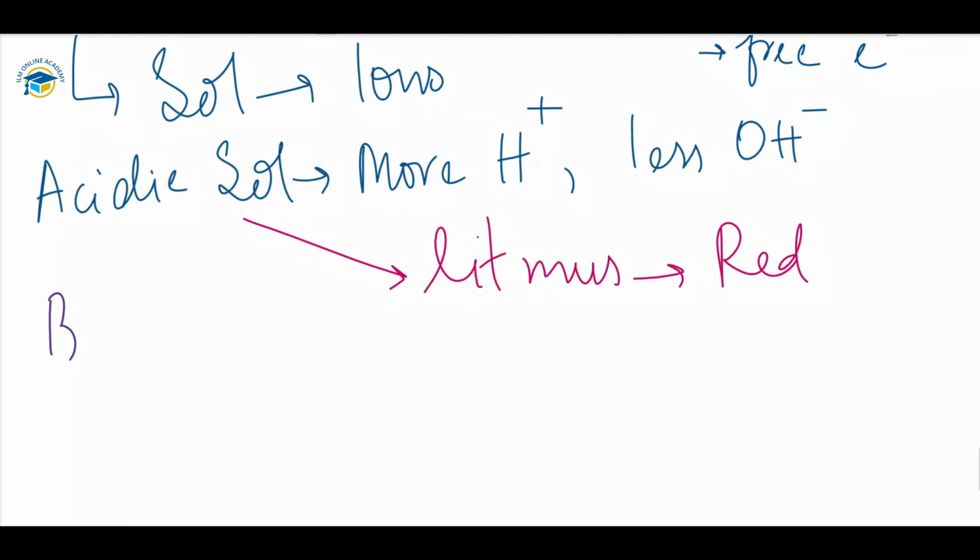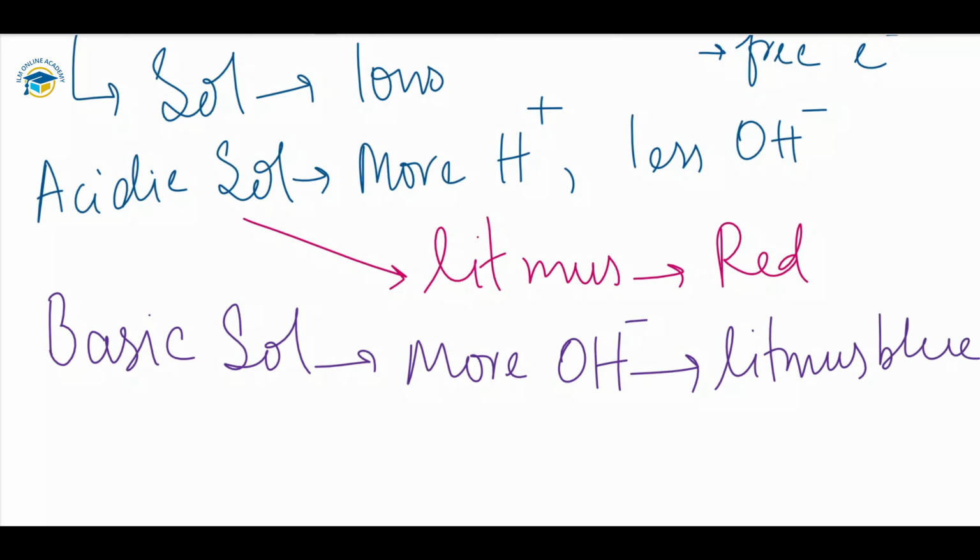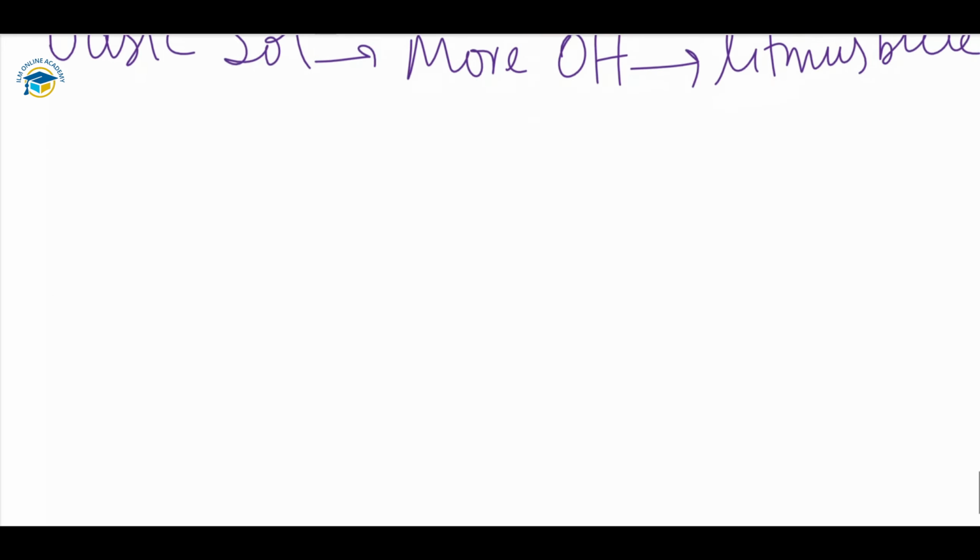And the basic solution has more hydroxide ions as compared to hydrogen ions. So just because of the hydroxide ions in the alkali solution, the litmus is blue. As I already told you about the memory aid for remembering the color of litmus in acidic and basic solutions. So now we have a diagram which shows you the acidic and the basic solution.